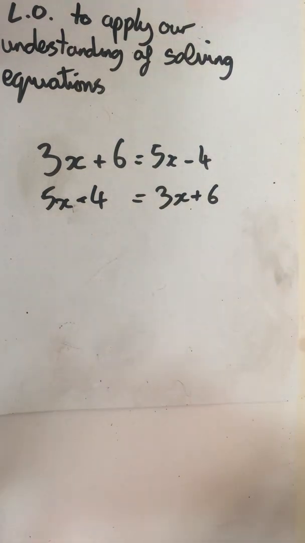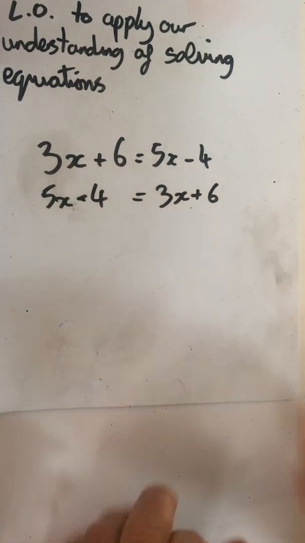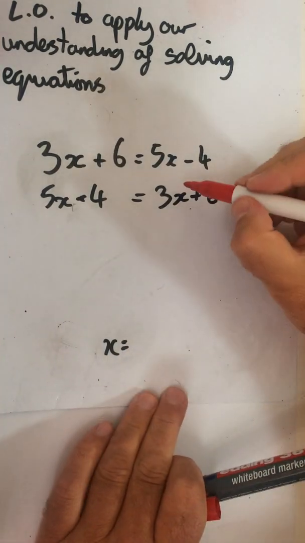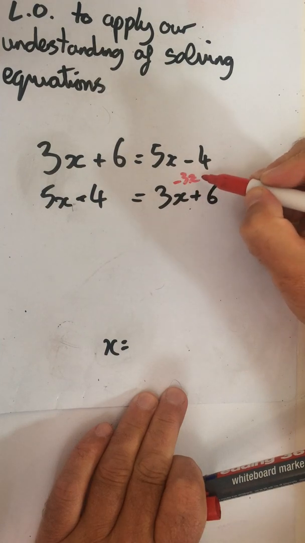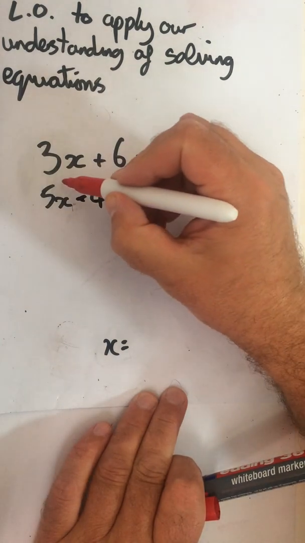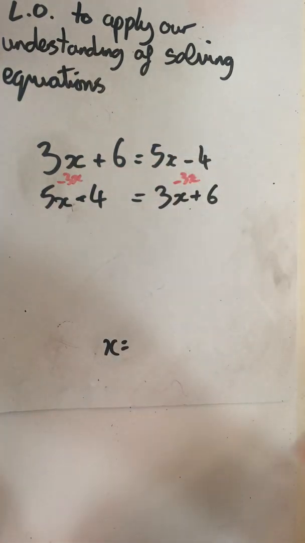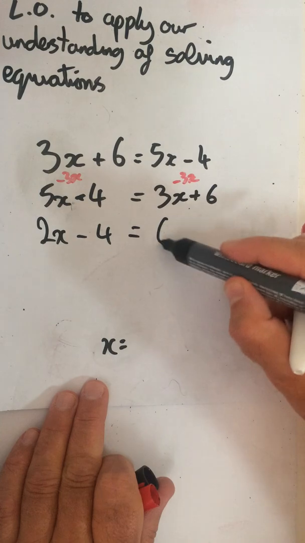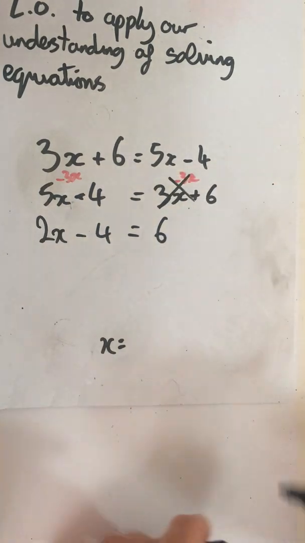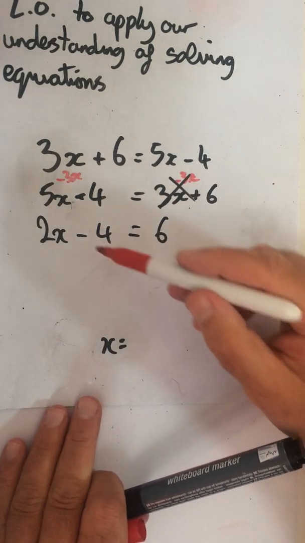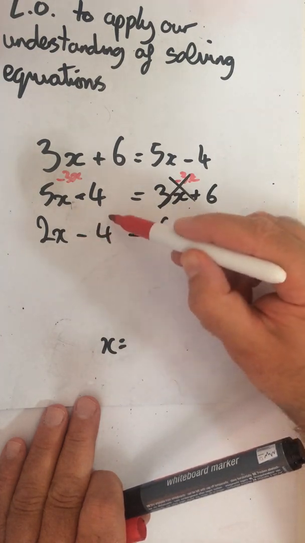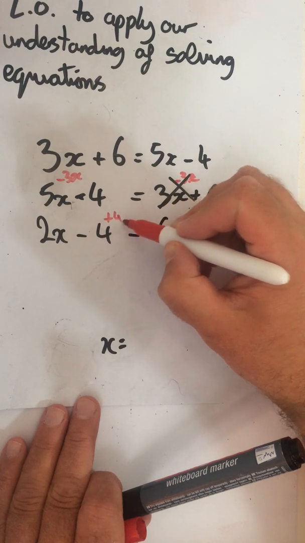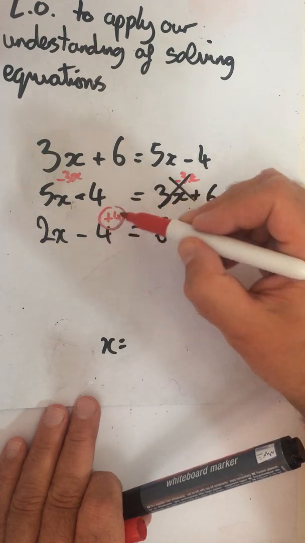From there, as long as we follow our normal rules, if we need to get to x equals down here, I'm going to take away 3x on this side. To get rid of that 3x, I'm going to do the same on the other side, 3x. Now I'm left with 2x minus 4 is equal to 6. Now I want to get rid of this negative 4, and to do that I'm going to go positive 4, because that gets rid of it completely.